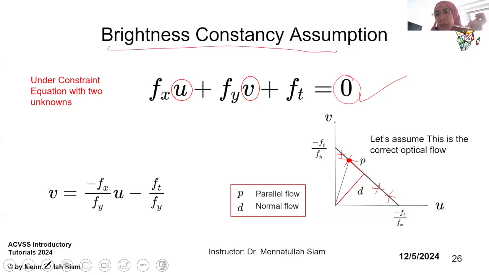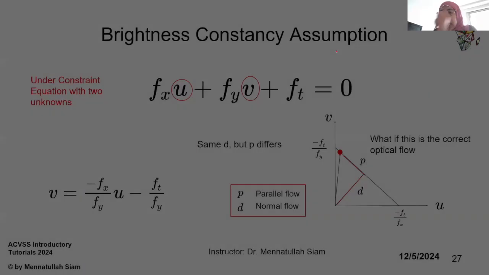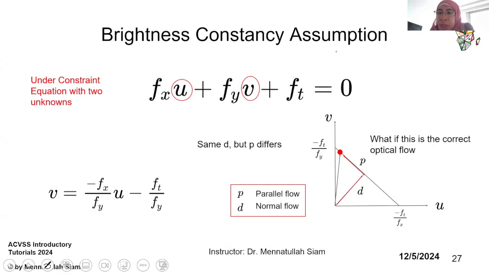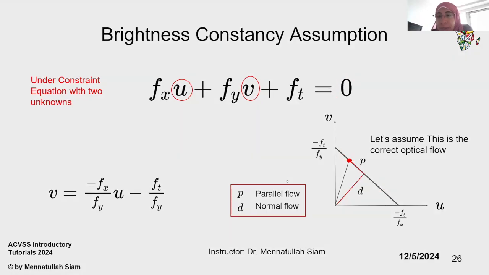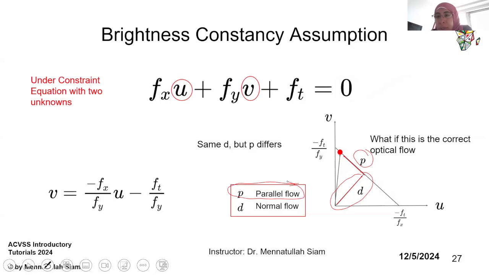the brightness constancy assumption. But you can see in all of these, what is mainly changing? The parallel flow. All of them have a common normal flow, but the parallel flow is changing in each of these solutions. If I go here, this P is different than this P. So this is just factorizing into the normal and the parallel flow.